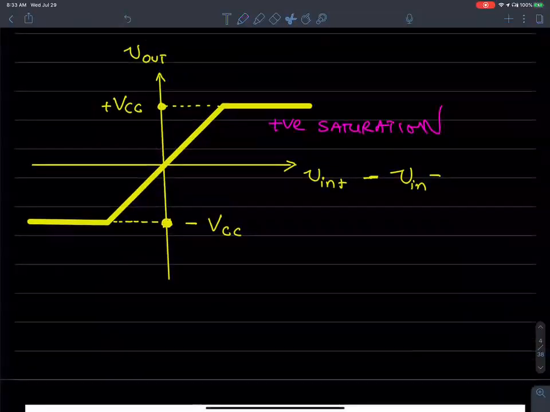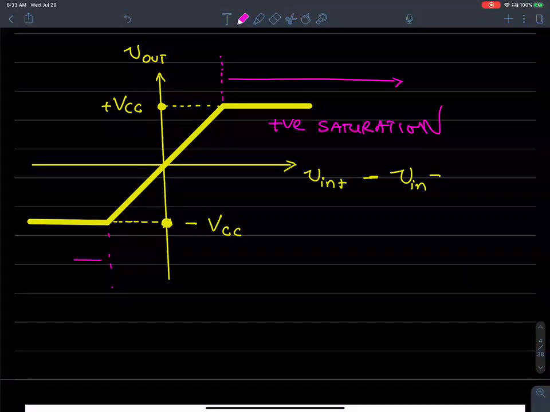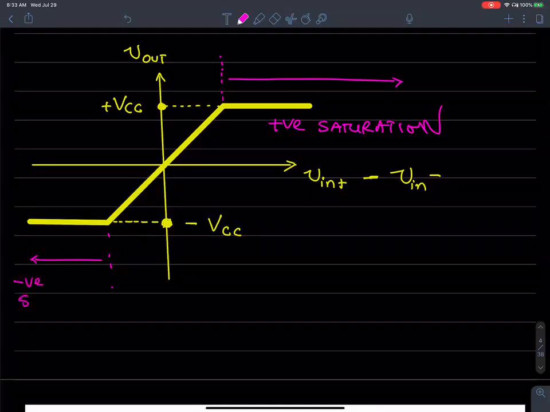This region is called the negative saturation region. So any region to the right is called positive saturation, and any region to the left where the output is capped is called the negative saturation.